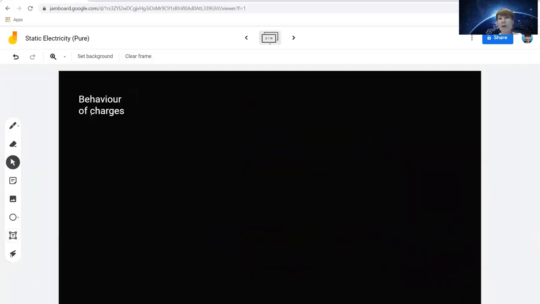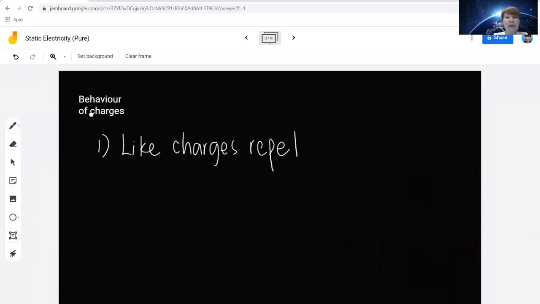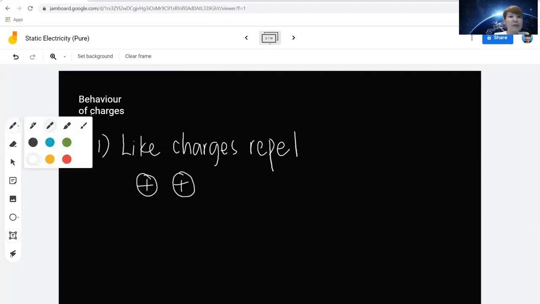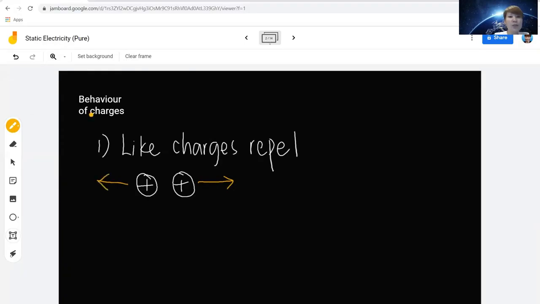Okay, now let's talk about the behavior of charges, either positive charges or negative charges. First and foremost, what you need to know is, number 1, like charges will repel. Meaning that when you place a positive charge and a positive charge near to each other, they will experience a repulsive force, and the force pushes them away.